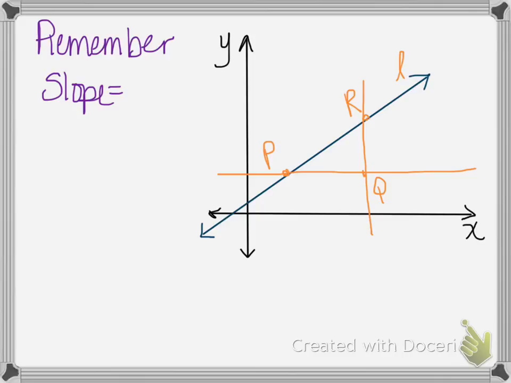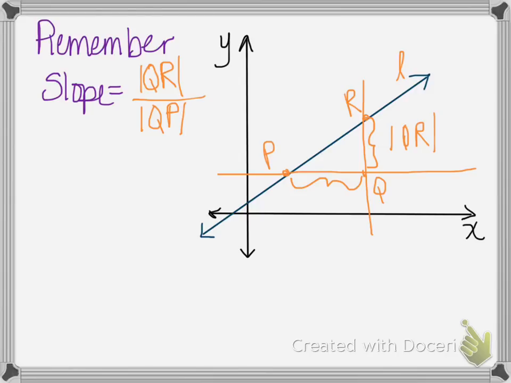Okay, so if you said slope is the length QR, which is also the vertical change in position, divided by length QP, and that would be this distance here. So what we have is the vertical change divided by the horizontal change.